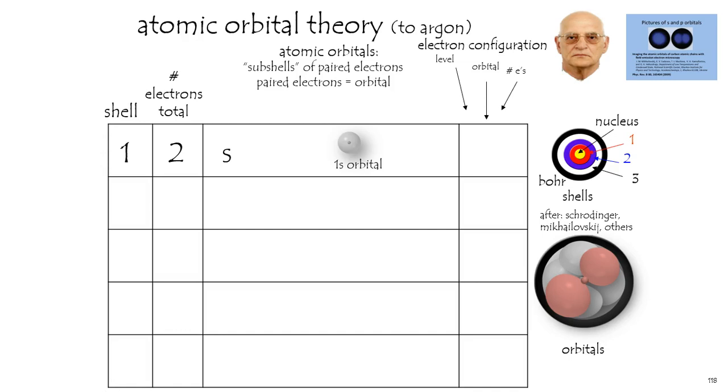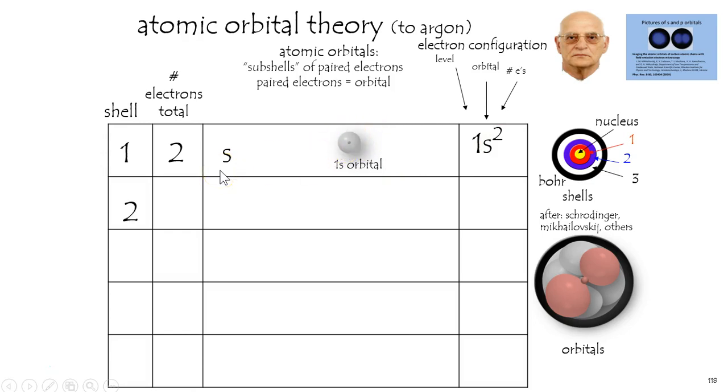Therefore, the electron configuration is first shell, s subshell, 2 electrons: 1s2. We could also say that that is the electron configuration of helium, since that's a 2-electron system, atomic number 2. We would say that the electron configuration of hydrogen is 1s1, so it would be in that orbital, but only 1 electron.